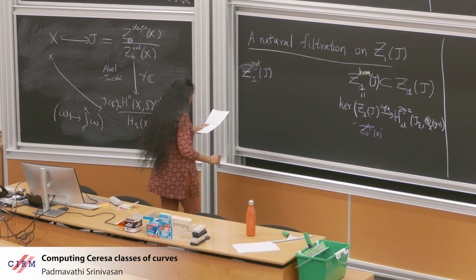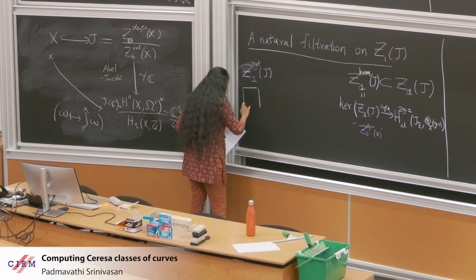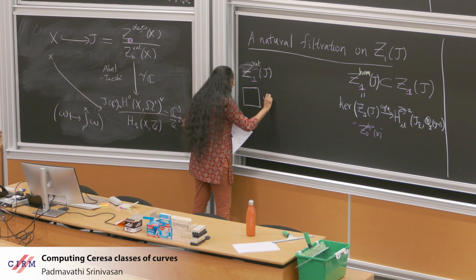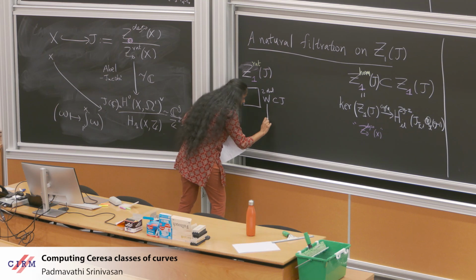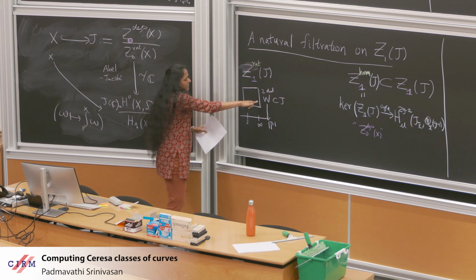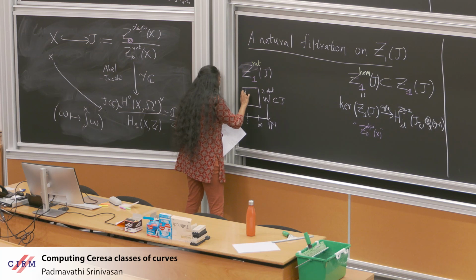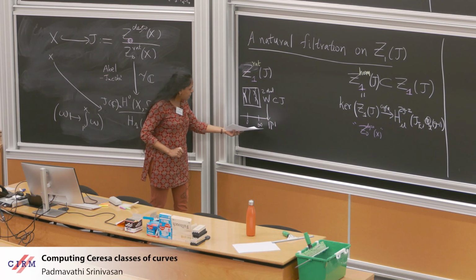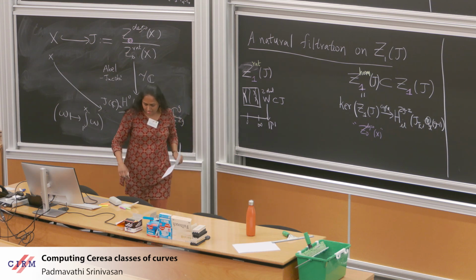This is going to be the group generated by cycles that can be deformed to each other along a P1, right? So now we are one dimension higher, so you pick a 2-dimensional subvariety inside J, you pick some rational function on it, right? And you're going to identify, so because this is 2-dimensional, you're fibering it over a curve, the fibers are 1-dimensional, and you get some smooth fibers, some singular fibers, but what you're going to do is identify the fibers above 0 and infinity, get some multiplicities and so on, so similar to what you had here.